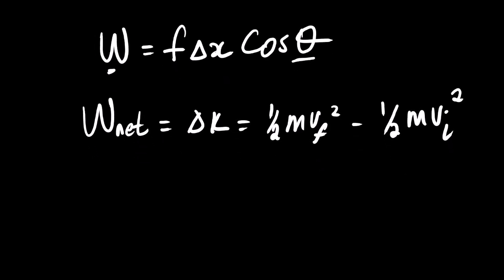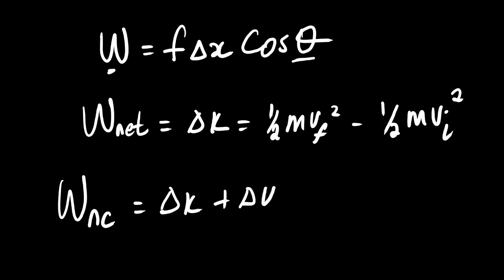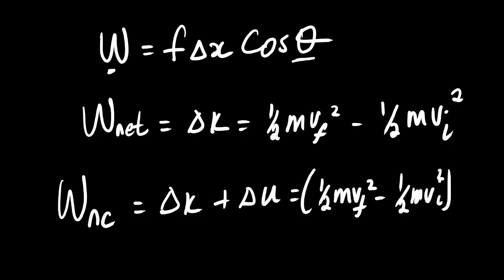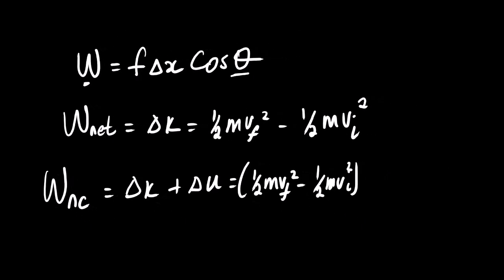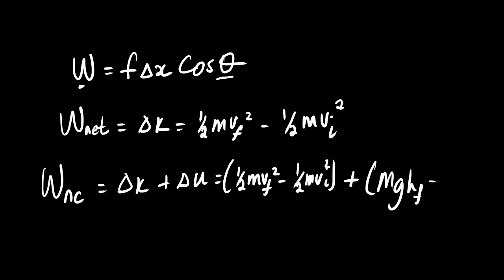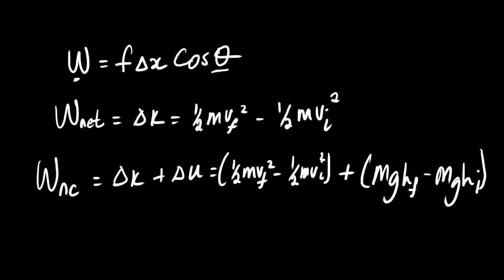And then the last one is this one: change in K plus change in U, that is half m v_f squared minus half m v_i squared plus m g h final minus m g h initial.